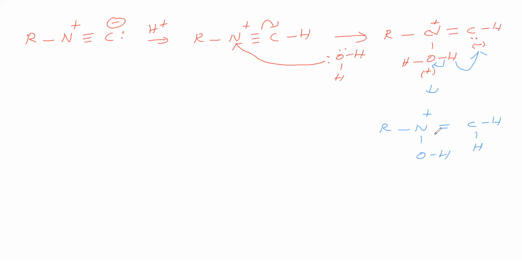Isocyanide on hydrolysis gives primary amine and formic acid. That means water has to attack carbon but not N, isn't it? So we'll change here. Water has to attack carbon.